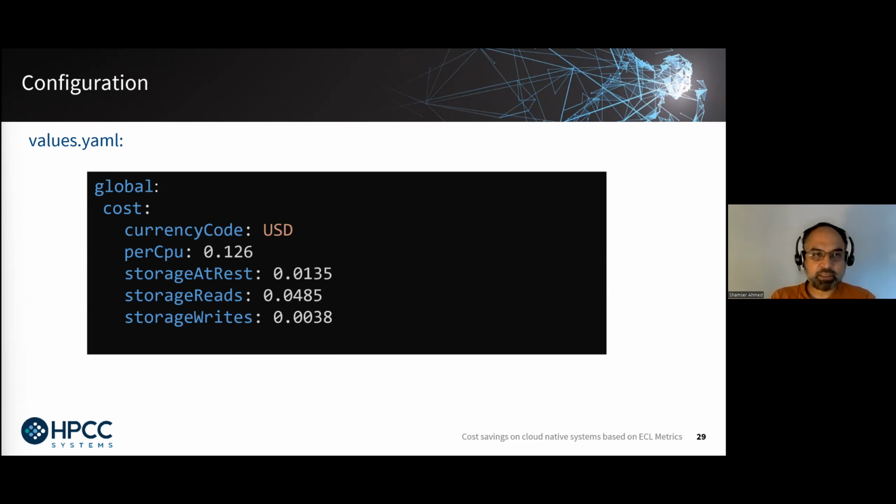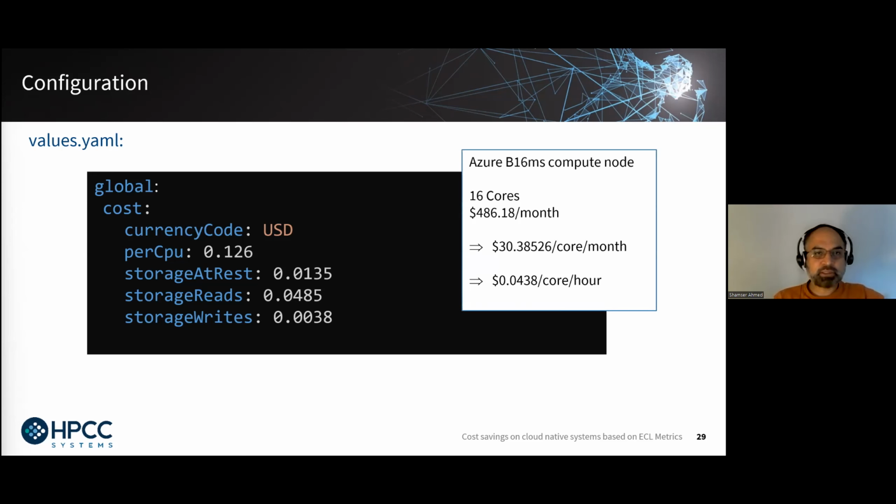These need to be provided in the configuration. If the defaults are used, it's unlikely the costs shown in the cost metrics will reflect the actual costs incurred with the cloud provider. So the costs should be updated.